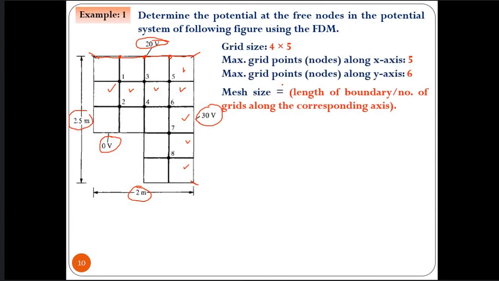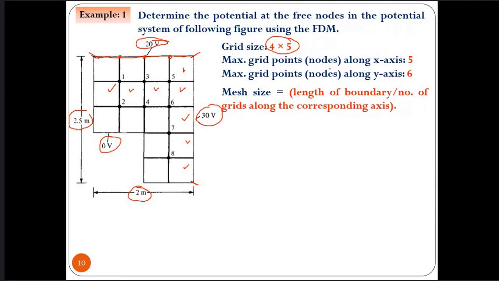So what will be your grid size? It is 4 cross 5. Along the x-axis there are 4 elements, along the y-axis there are 5 elements. The grid size is 4 cross 5.